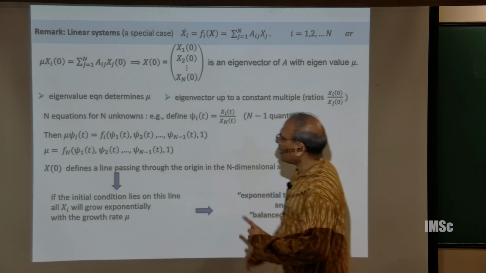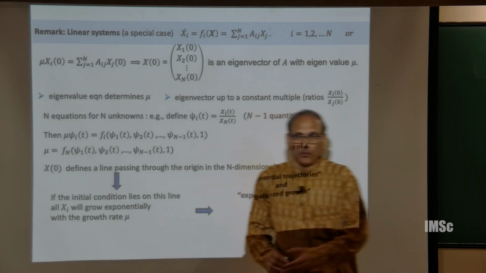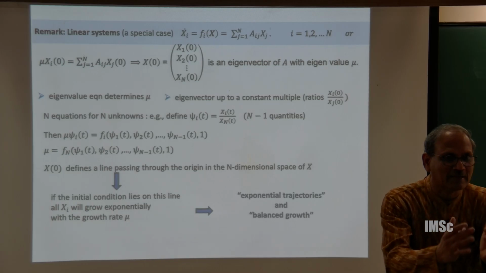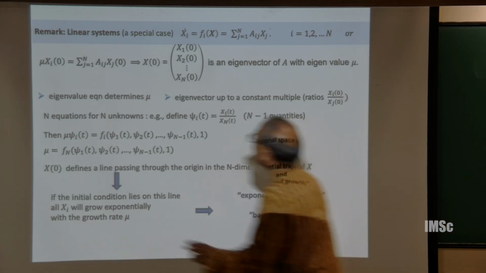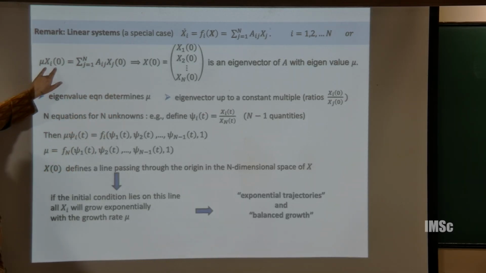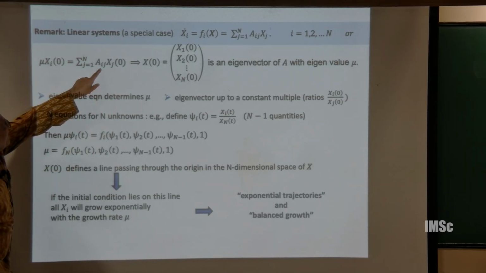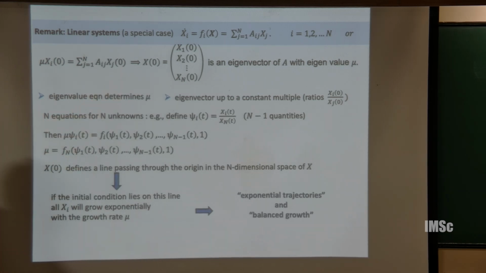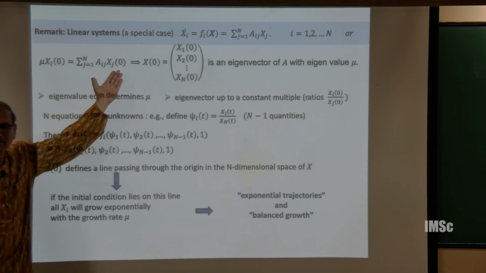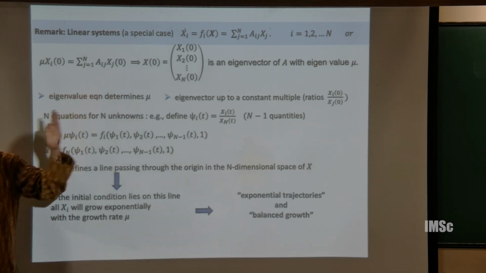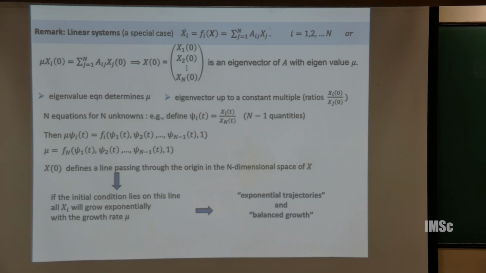And this last equation that I showed you, which the mu and the xi zeros must satisfy, now starts looking like this equation. Because mu xi of 0 is equal to fi of the x's at 0. That was the condition. And look at this equation. What is this equation? This equation is nothing but the eigenvalue equation of the matrix A.